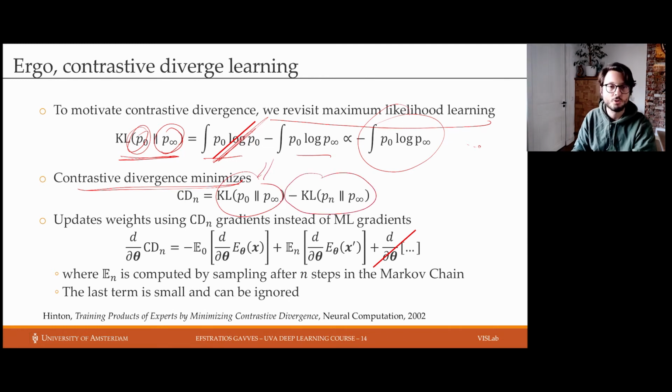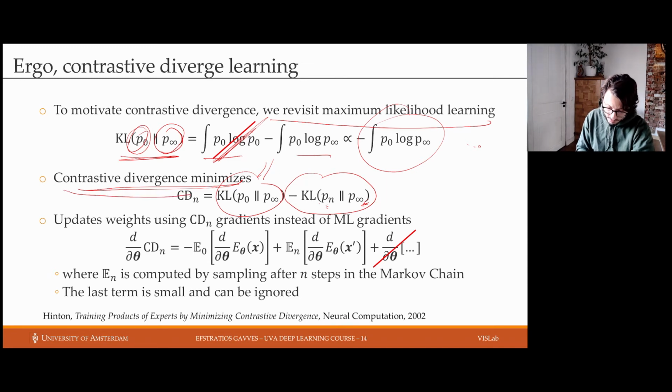However, it now introduces a second term, basically computing the KL divergence between sampling from our model after n MCMC steps, measuring the KL divergence from the probability density function after n MCMC steps, and our final model. The final model is after getting, let's say, an infinite number of MCMC steps.